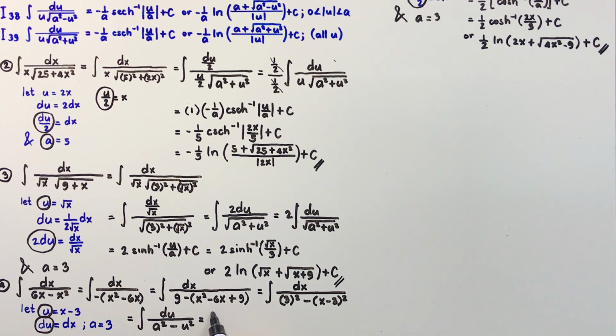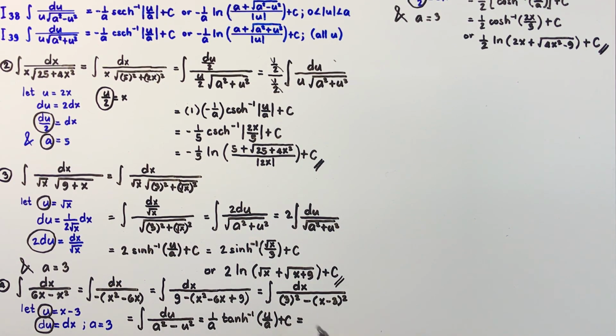this is equal to 1 over a times the inverse hyperbolic tangent of u over a plus the constant of integration c.